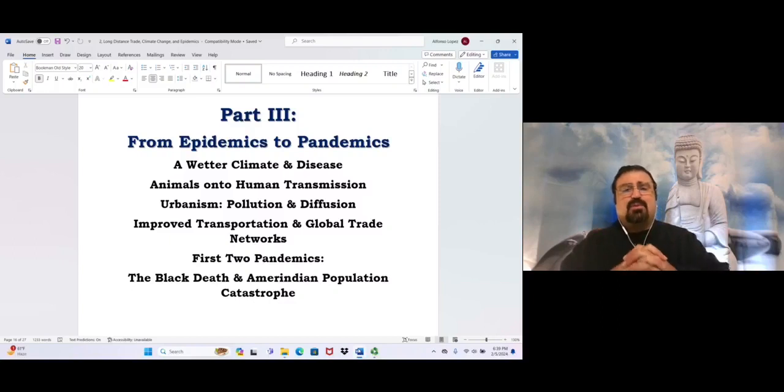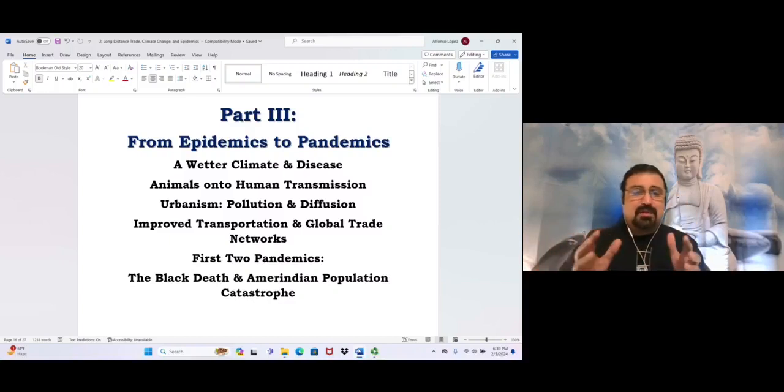Now, another factor for the rapid spread of epidemics, even outside of cities, when we see the rapid spread of epidemic disease into a series of communities, a series of kingdoms, had to do with improved transportation.